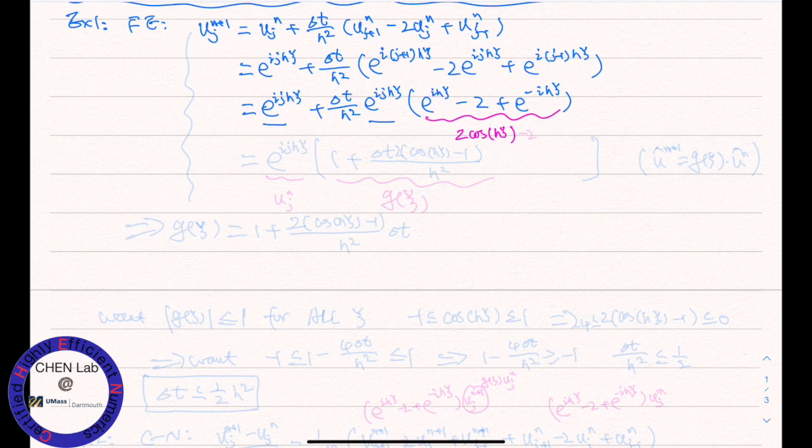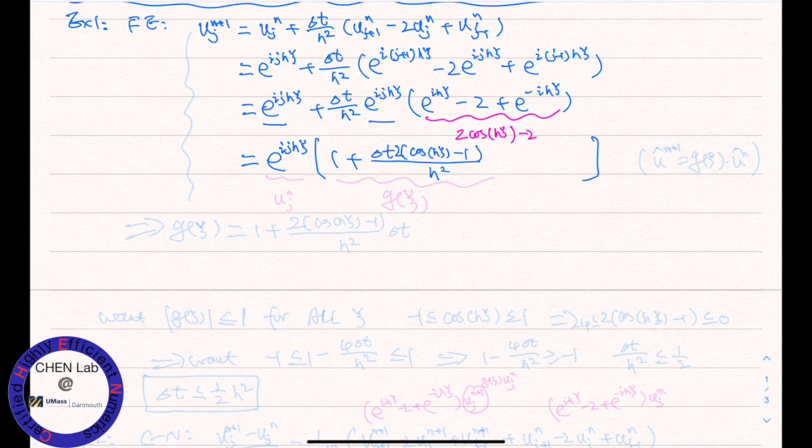So the sine terms cancel with each other, this over 2. So if we factor out e to the I j h c from outside, we're going to get 1 plus delta t over h squared, and we can put 2 outside, cosine h c minus 1.